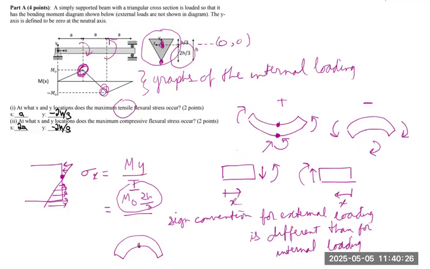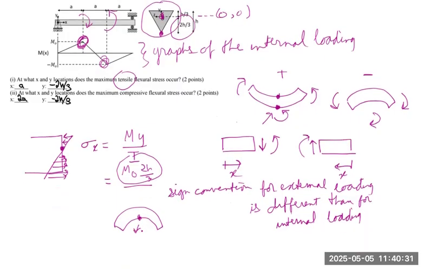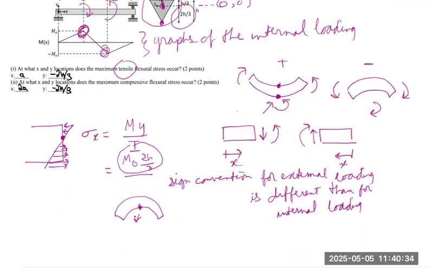And so we want to find this stress element is in compression. So at 2a, we have maximum compression, also at a height of 2h over 3. But this time, the stress at this point will be negative because it's in compression. But here, the stress state will be positive because it is in tension.